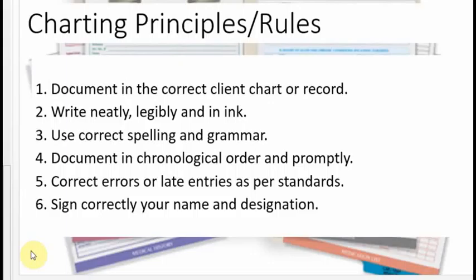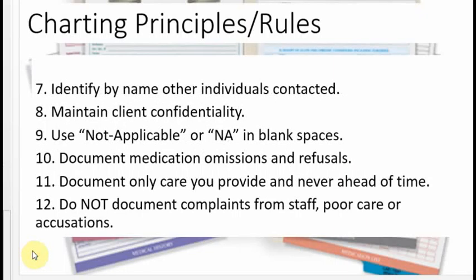However, there's always things that you forget, and you can always put late entry. Correct errors or late entries as per standards. Sign correctly with your name and designation. Identify by name other individuals contacted. So if you put a call into somebody, identify who you called and why. Maintain client confidentiality. Use not applicable or NA in blank spaces, and try not to leave blank spaces.